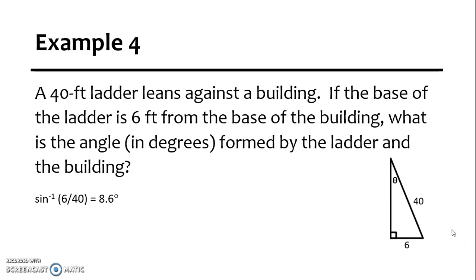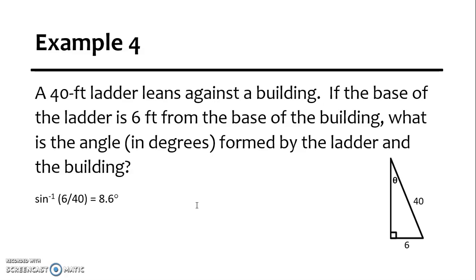So that's where that belongs. Now, in order to figure this out, I need to figure out which trig function works best. So notice I have the opposite side and the hypotenuse. Opposite and hypotenuse, that's sine. So I need sine inverse of 6 over 40, which is 8.6 degrees.